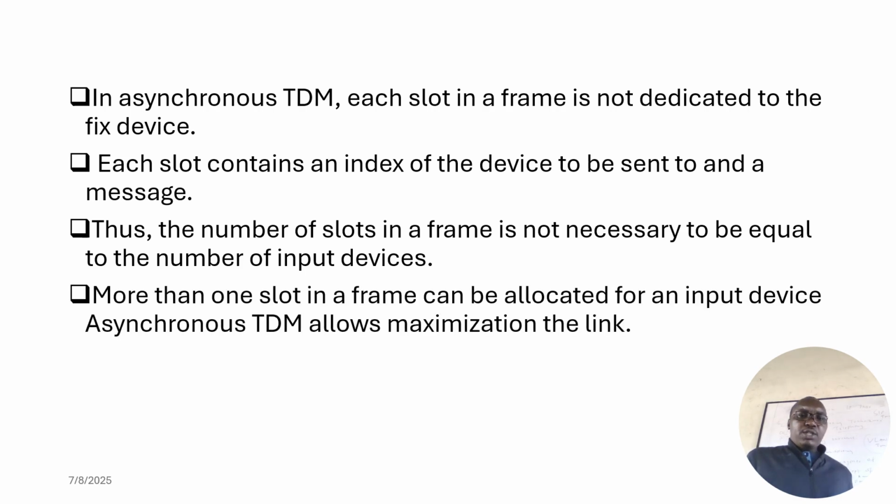More than one slot in a frame can be allocated for an input device. Asynchronous TDM allows maximizing the link. Now, a question: which is the best between synchronous TDM and asynchronous? Which is best? Okay, now I have told you about learning.